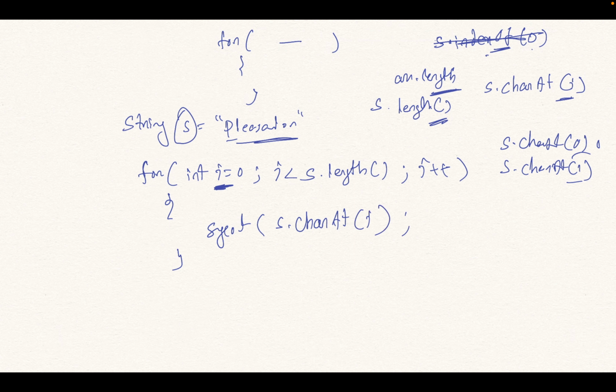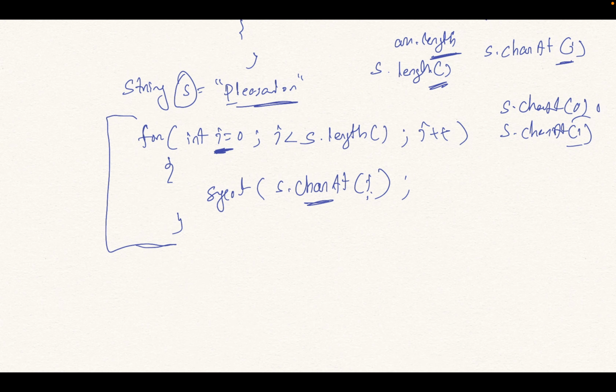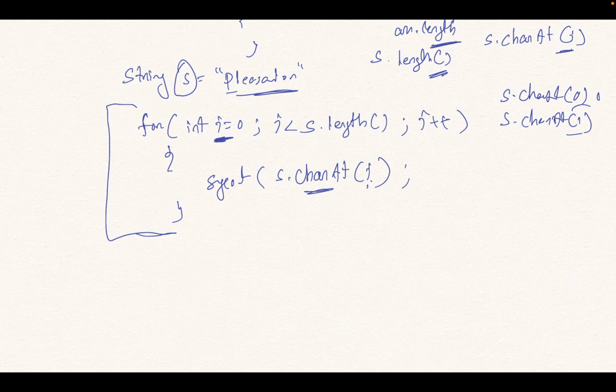Every time, first time it will be 0, second time it will be 1, like that. This is a simple for loop. You have to remember some syntax, like s dot charAt i means 0, 1, 2, it will iterate that way.